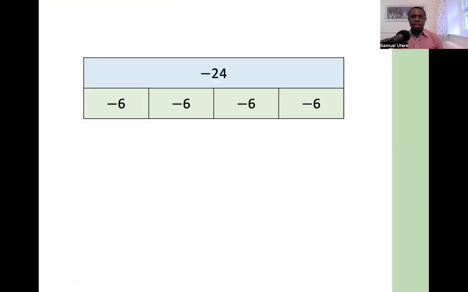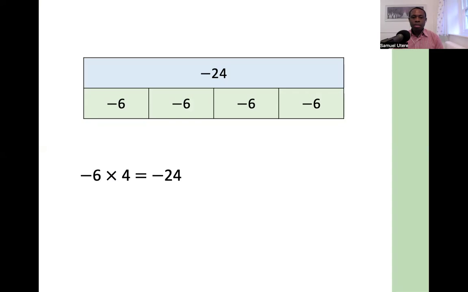Let's do some new learning. Just like we were able to use the groups of the counters to represent multiplication and division of directed numbers, otherwise positive and negative integers, we can do the same with a bar model. This here shows negative 6 times 4 equal to negative 24.